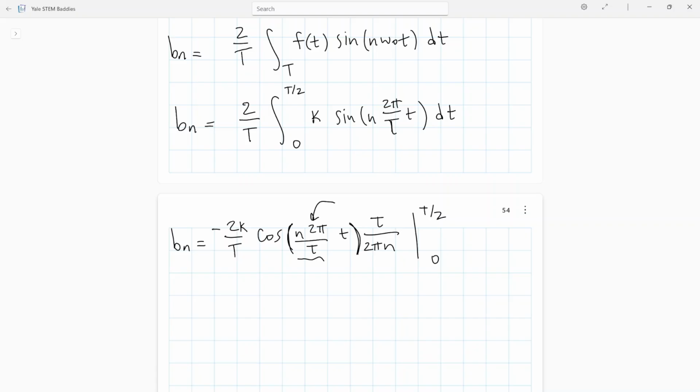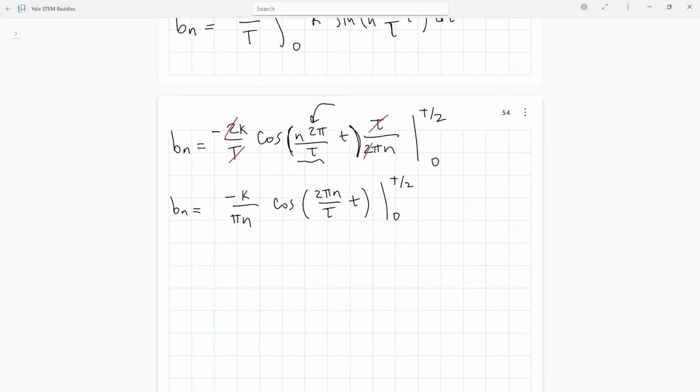Let's also do some simplification here. I can cancel these big T's, and it seems like I'm left with negative k over pi n, and then cosine of 2 pi n over big T times little t evaluated at those limits.